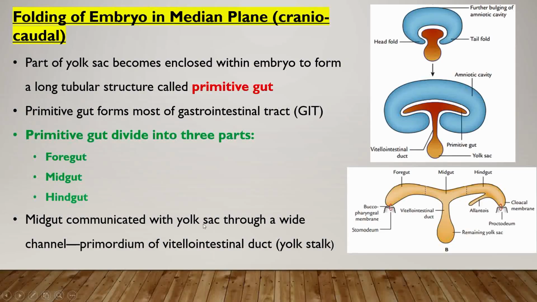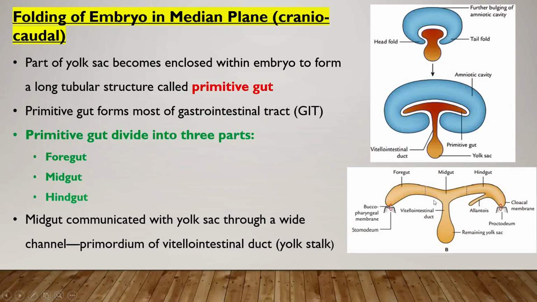The midgut communicates with the yolk sac through a wider channel, which is known as the yolk stalk. So in front of the yolk stalk is the midgut, proximal to that is the foregut, and distal to that is the hindgut.